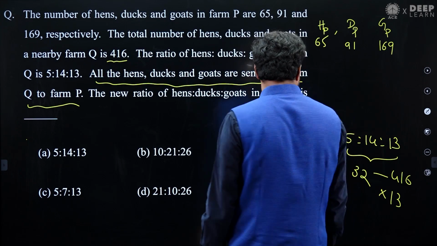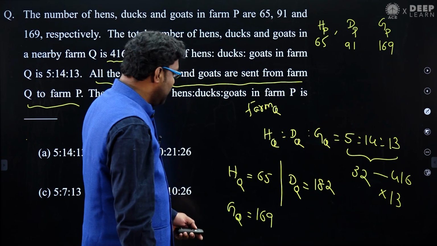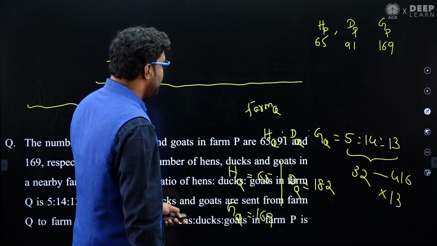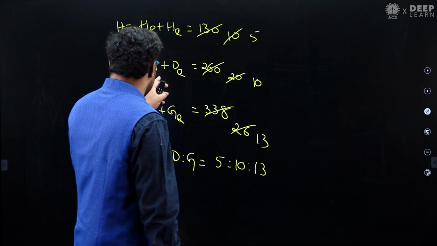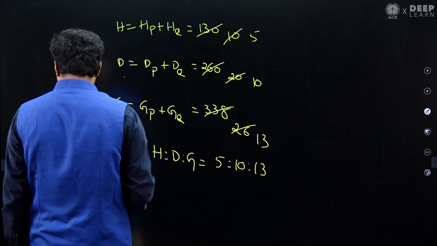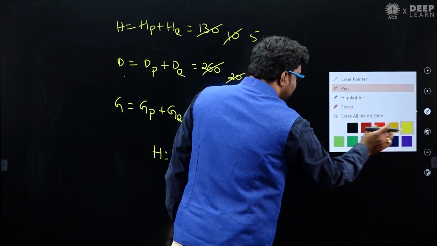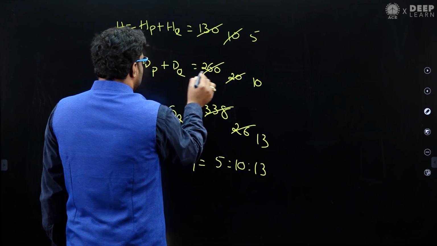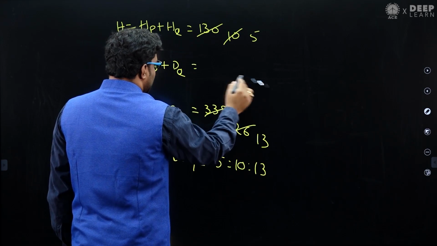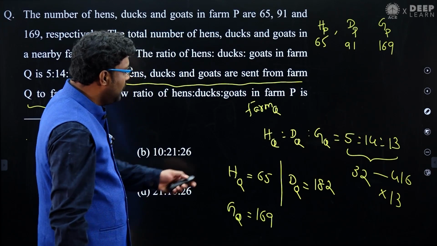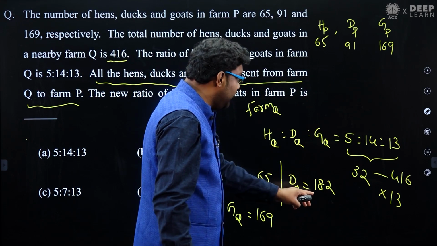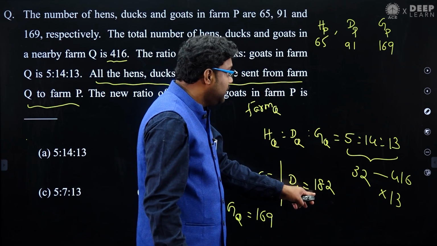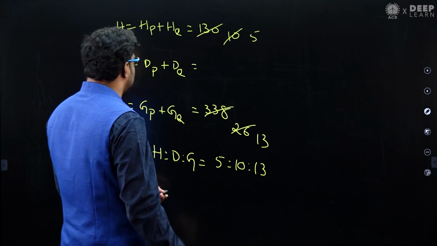Yeah, so I think we made a mistake here while calculating for P. For the ducks, this totally is wrong actually. From P it's 91, Q is 182, sorry. Then we should get 273, right?